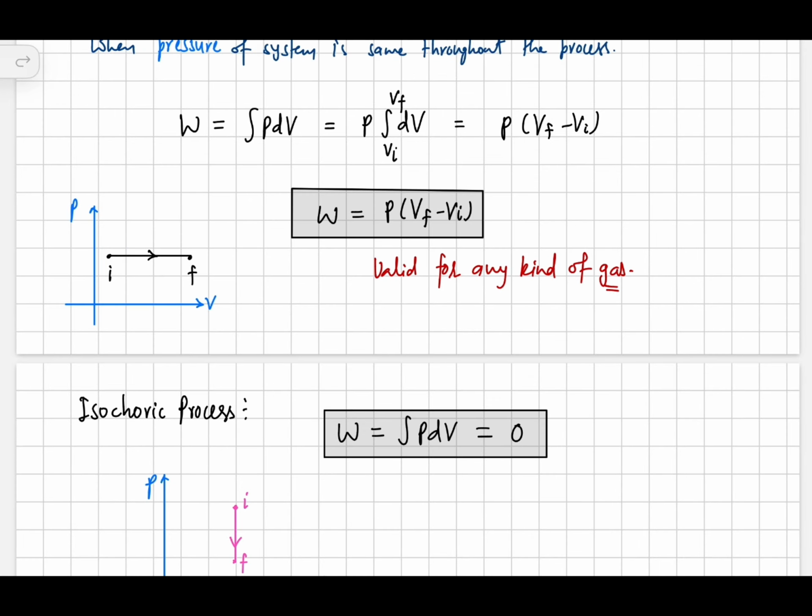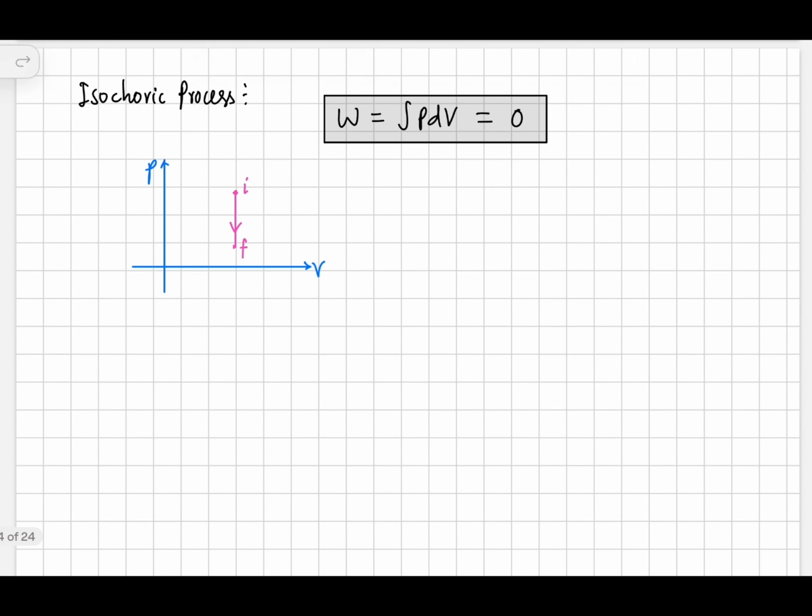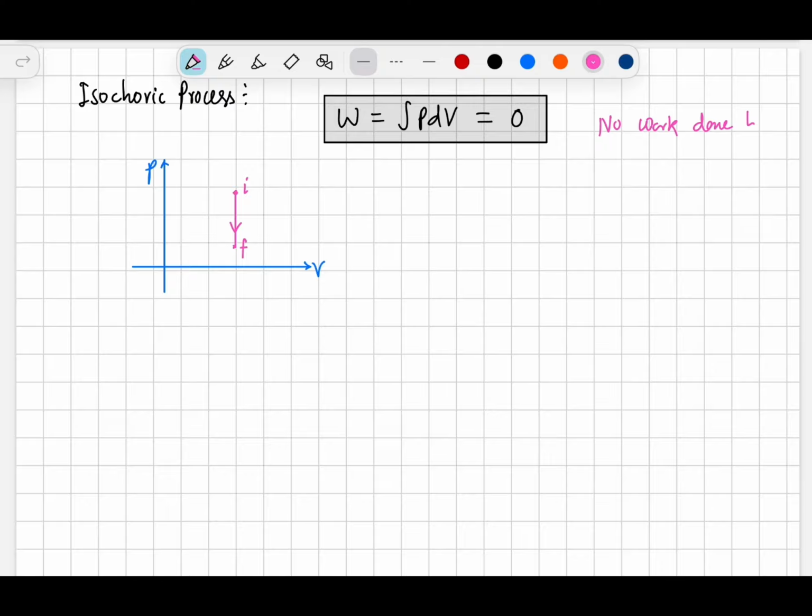I could have gone in this way also, but it's my choice how to go from there to there. So what we have seen is that for the isochoric process there is no work done by the system on the surroundings. I hope this is clear.